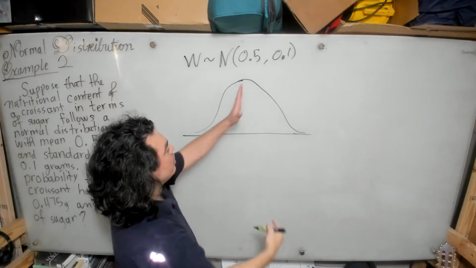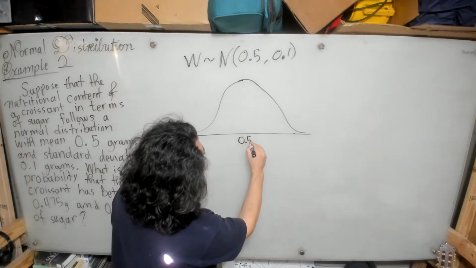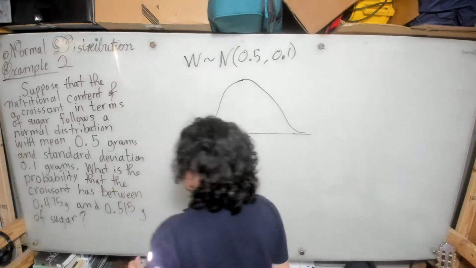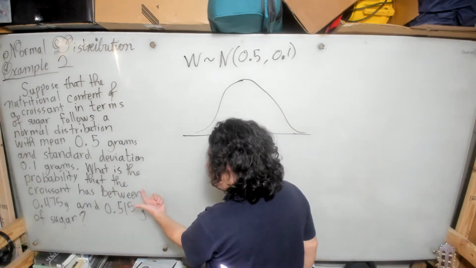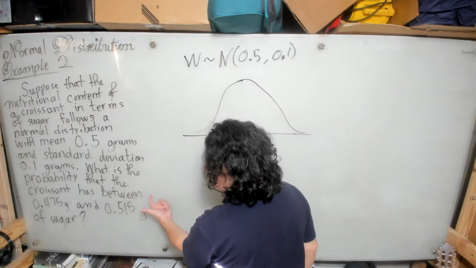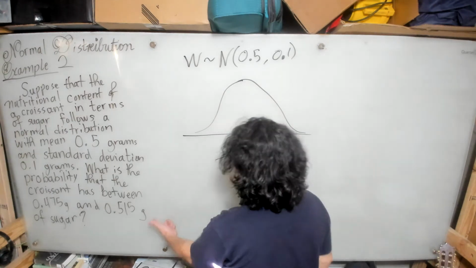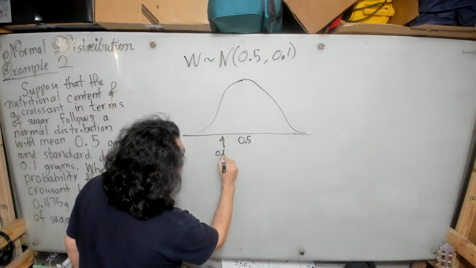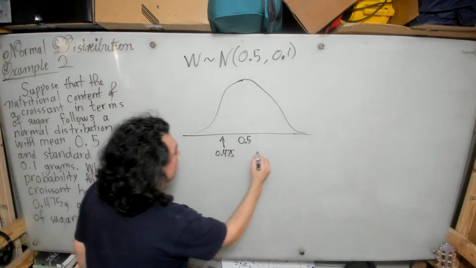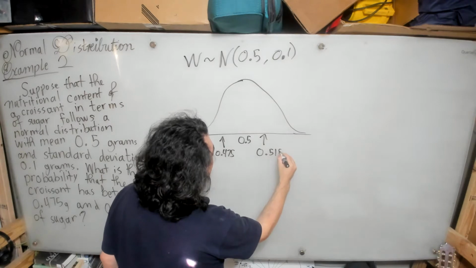First of all, we know that the mean goes right in the middle always. 0.5. Okay. Now, what is our region of interest? We want to know the probability that the croissant has between 0.475 grams and 0.515 grams. So let's say here is 0.475 and here is 0.515.